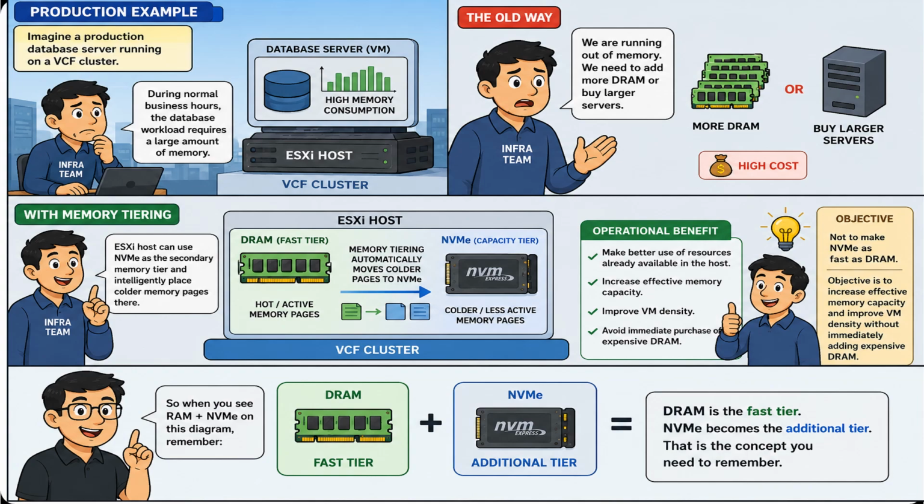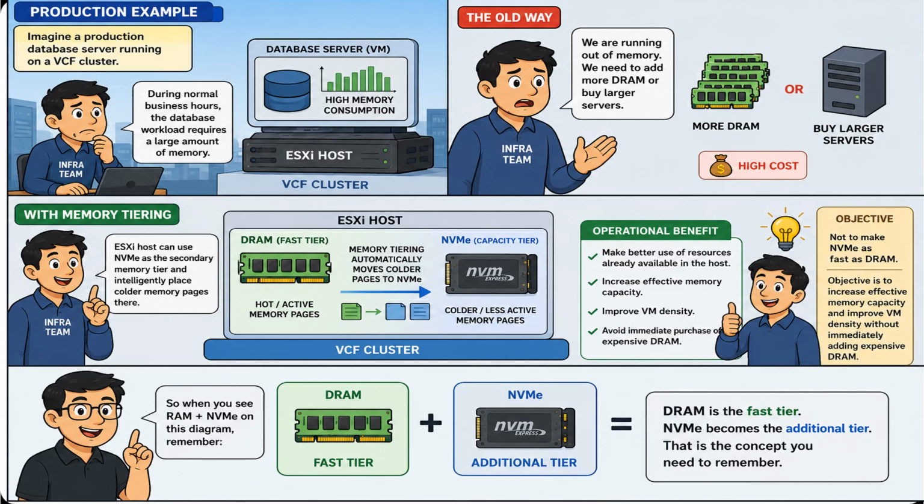So instead of immediately purchasing additional high cost DRAM, we can make better use of the resource already available in the host. If we have NVMe drives, we can use that. That's the most important operational benefit we need to understand here. The objective is not to make NVMe as fast as DRAM. The objective is to increase effective memory capacity and improve VM density without immediately adding expensive DRAM.